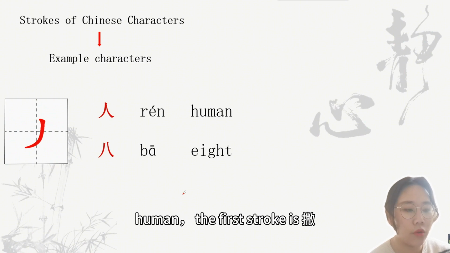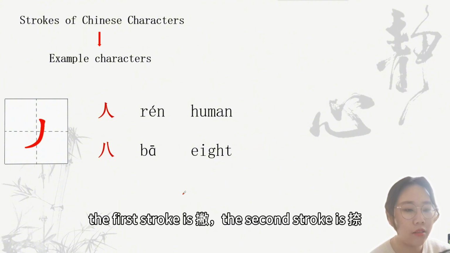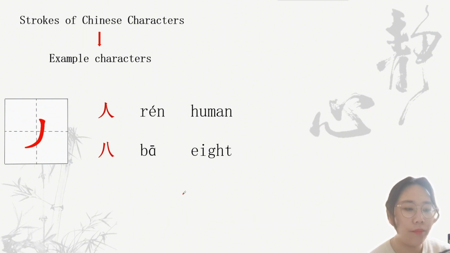The first stroke is 撇, the second stroke is 捺. 八, number 8. The first stroke is 撇, the second stroke is 捺.